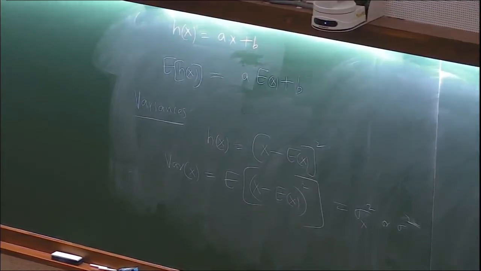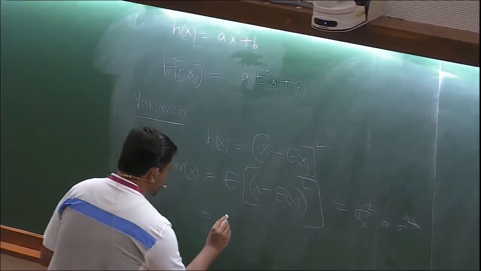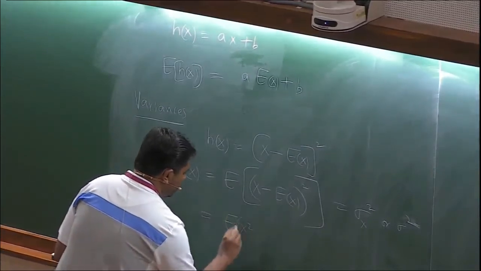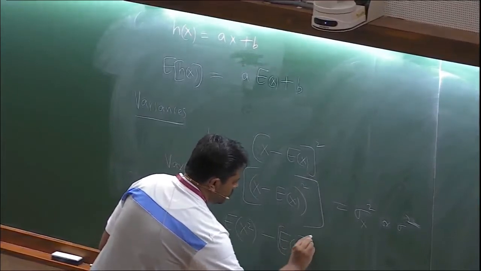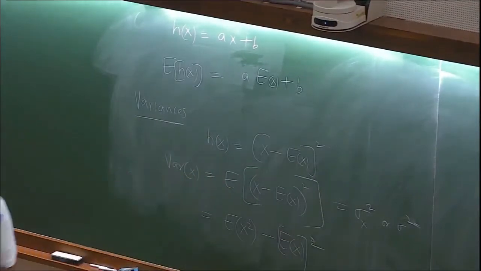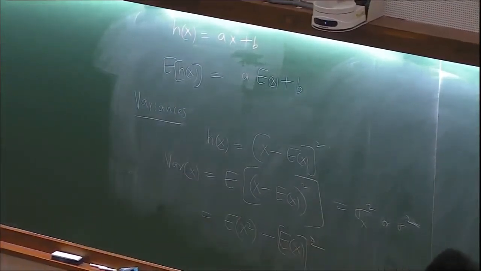How do you calculate the variance? I'm sure you would have all seen this. If you work out the simple algebra from the definition, it will turn out to be the expectation value of x squared minus the expectation value of x, the whole squared. So check that for the exponential distribution that I wrote down.